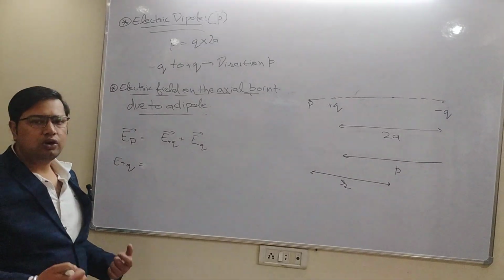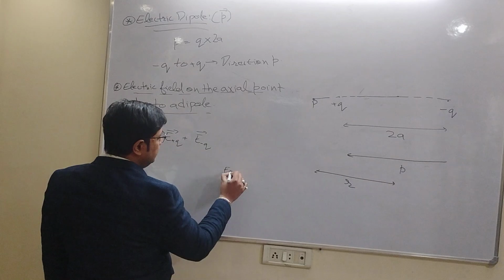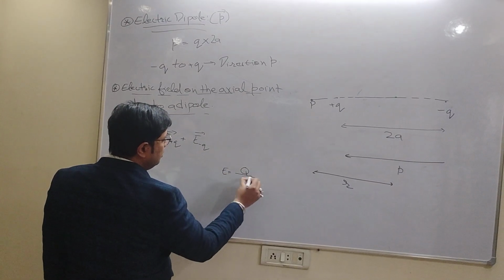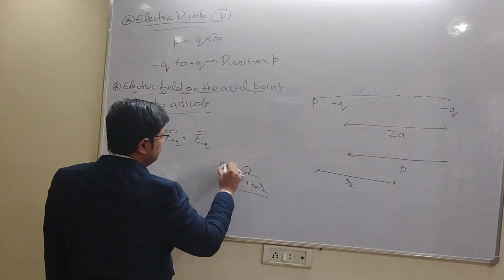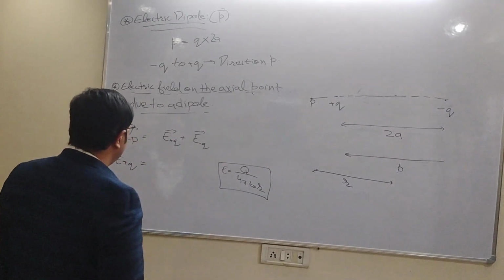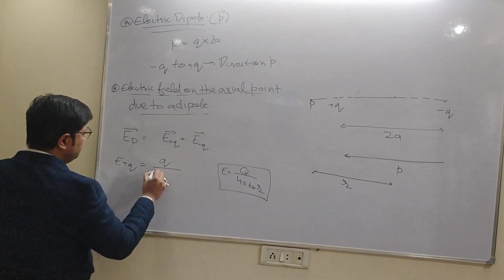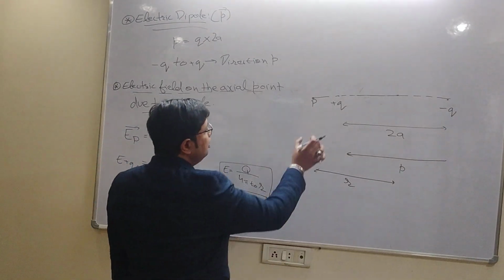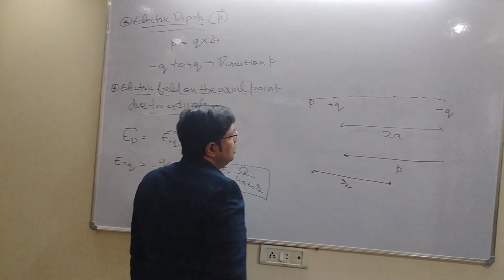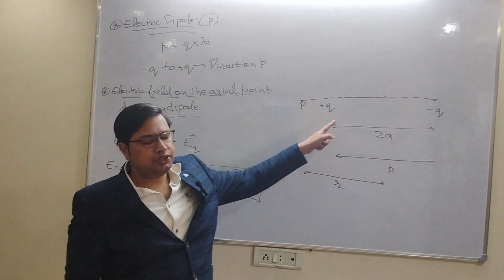What is the value of E? E is equal to q over 4 pi epsilon naught r squared. So I am using this result here. So E due to plus q is q over 4 pi epsilon naught. What is the distance of point P from charge plus q?